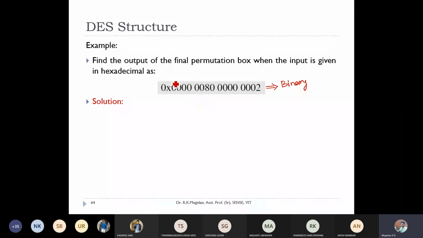For people who don't know, the simple way is to take the first 0 and represent it using 4 binary digits. Again, go for the next one. Like this, you go through each and every character. Can you tell me the 4-bit binary equivalent for this 8? For 8, you'll be getting 1000.